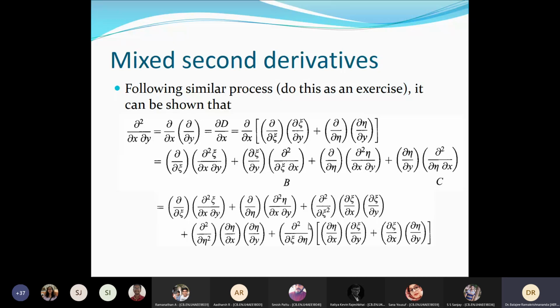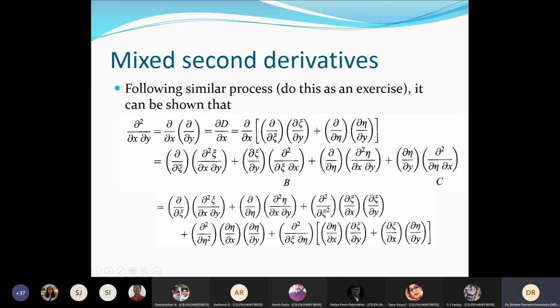Now we have mixed second derivatives, ∂²/∂x∂y. You can put it like this: ∂/∂x of ∂/∂y, which you call as d. Now that is ∂/∂x of this whole thing, ∂/∂y.